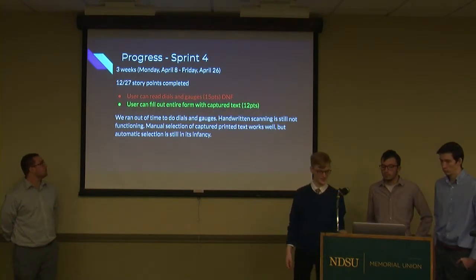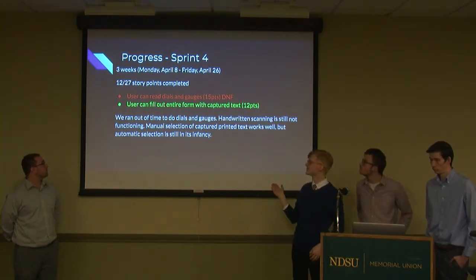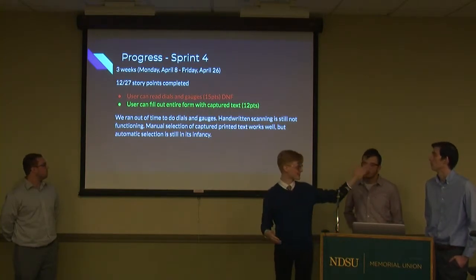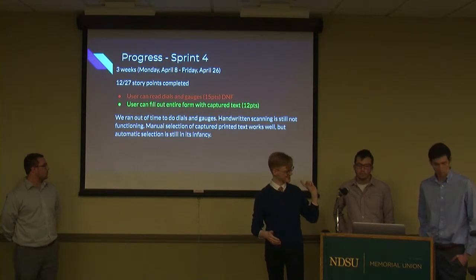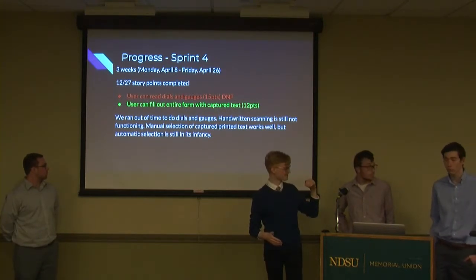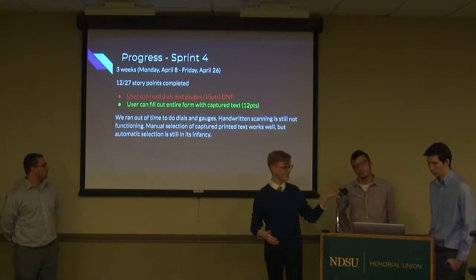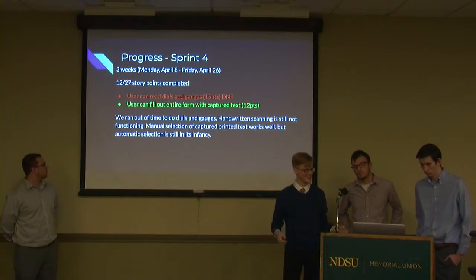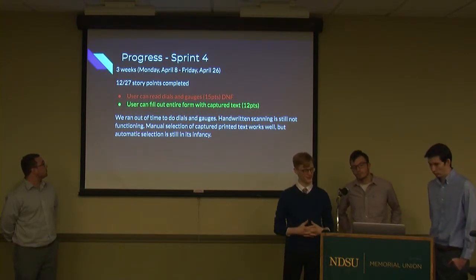And then in this last sprint, we had planned on also adding in gauges and dials. If you remember the midterm presentation, I explained how on a clock we would get where the second hand would be, and if that was overlapping some data point, like the 9, we'd know that would be at 9 o'clock. We didn't get to that. That may be a whole project in and of itself.